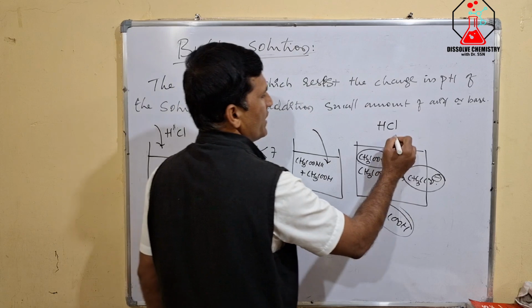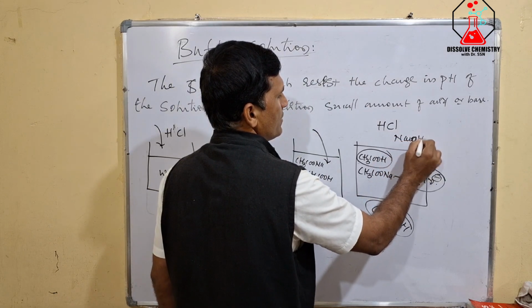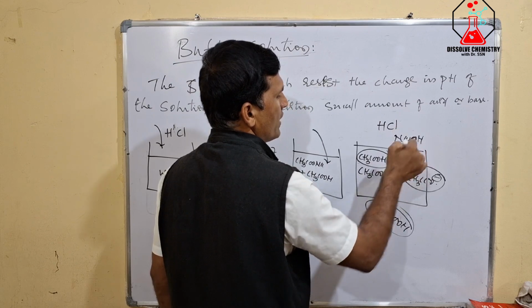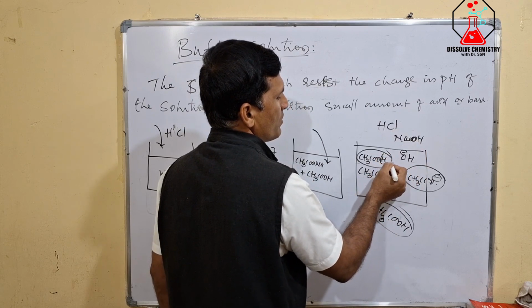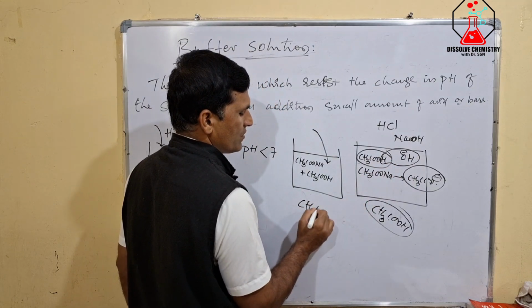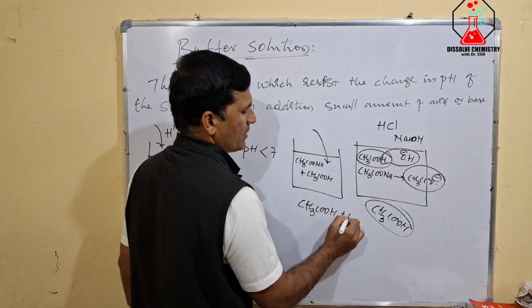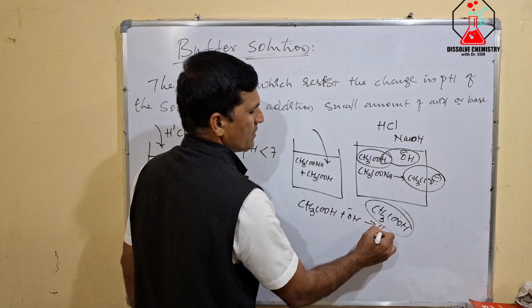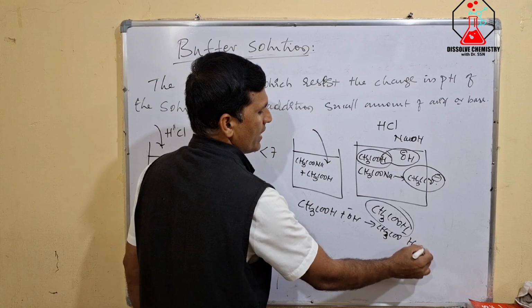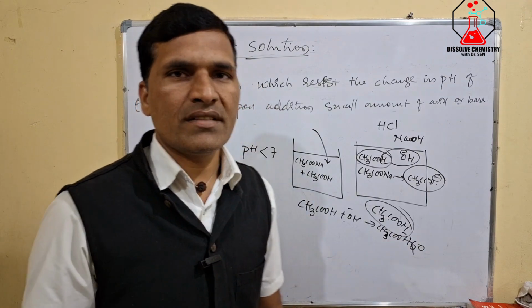Similarly, if you add a base like NaOH, then as the OH minus ion comes into the water, the acetic acid will dissociate, give its H plus, and form acetate ion, and it will neutralize the OH minus ion.